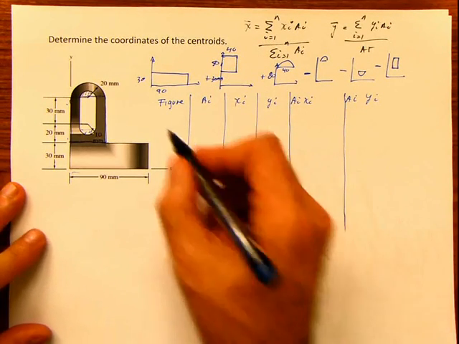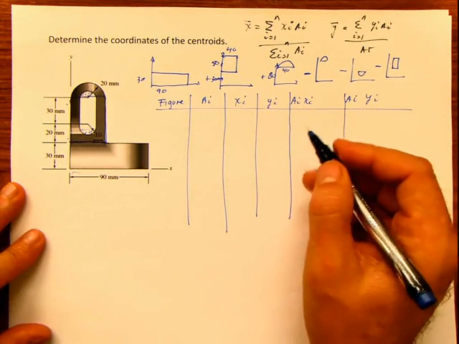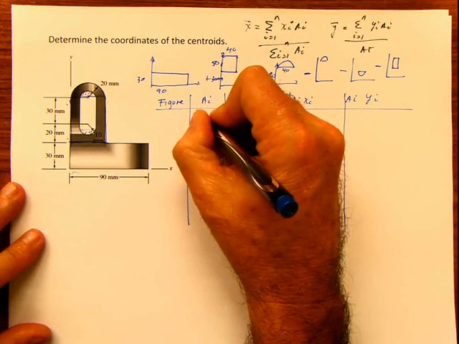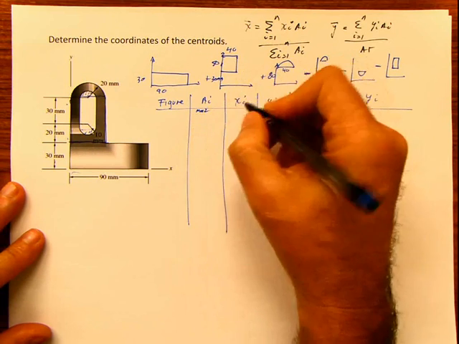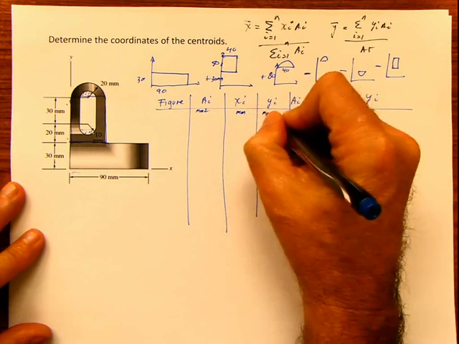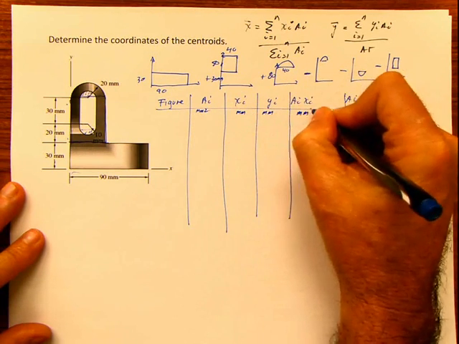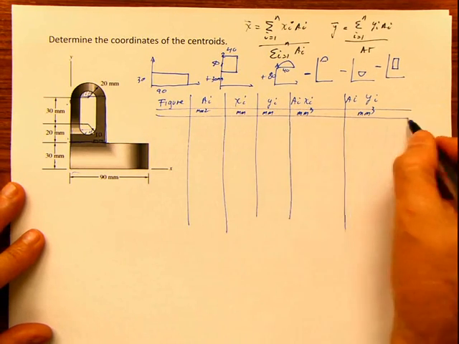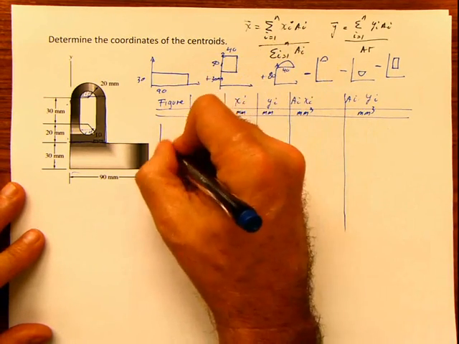Remember the units. We have to put the units here. Everything is in millimeters, so this is going to be millimeters squared, millimeters, millimeters, millimeters to the third, and millimeters to the third. Those are the units. Let's start with our first figure.